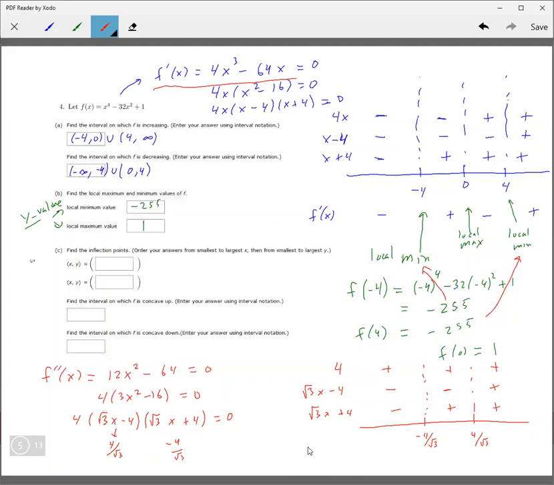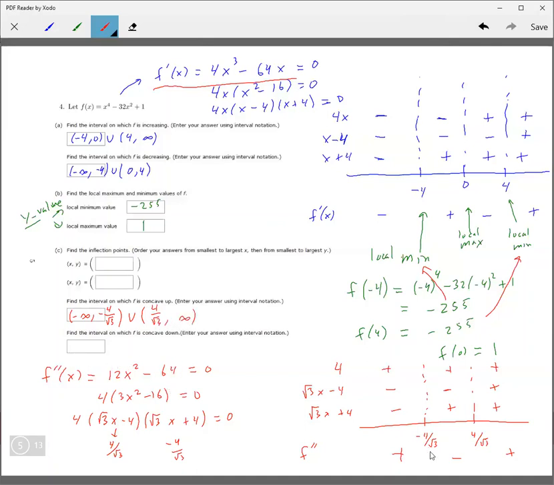And then the second derivative, which is the product of these three, is going to be positive there, negative there, and positive there. Okay, so that means it'll be concave up here from negative infinity up to negative 4 over the square root of 3, union, okay, that's positive there, and then positive over here from 4 over the square root of 3 up to infinity.